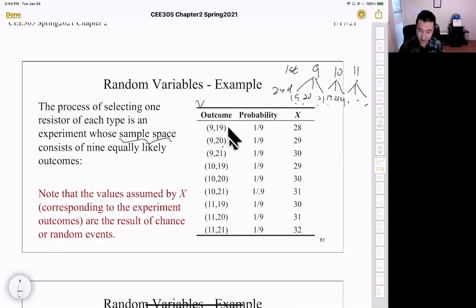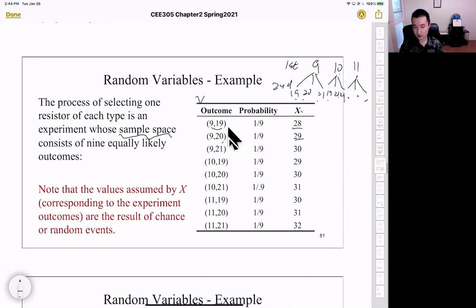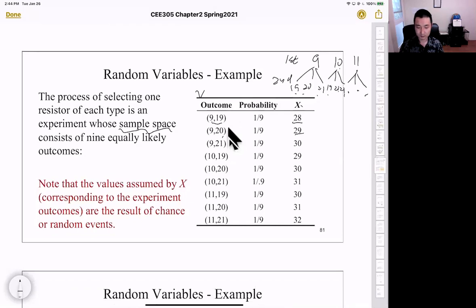So 9 plus 19 equals 28, 9 plus 20 equals 29, and so on. We also notice some of these total resistances are the same. For example, for 30 we have here, here, and here. We have 3 30s.